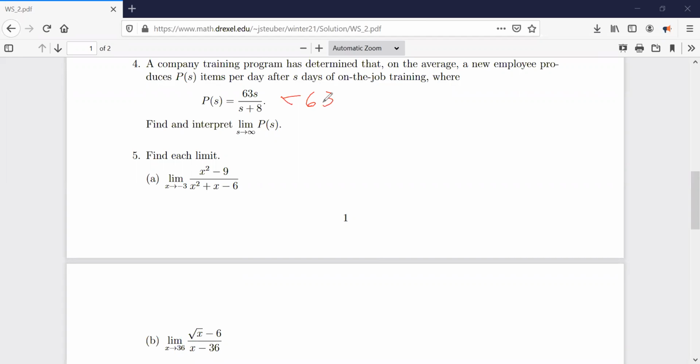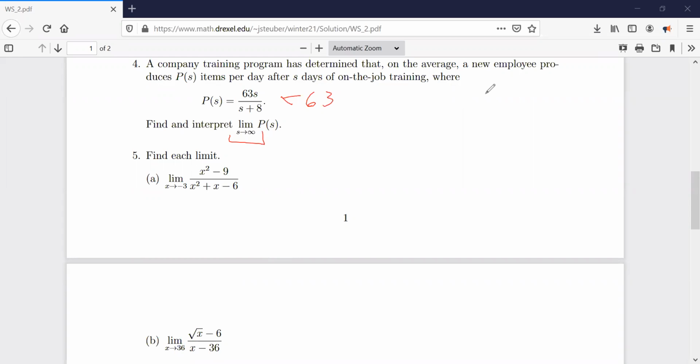But as it approaches infinity, it's going to get closer and closer to 63. So we can basically say that after he's been trained for a really long time, he's going to be pretty close to 63. But the limit as S approaches infinity doesn't tell you how long that's going to take.